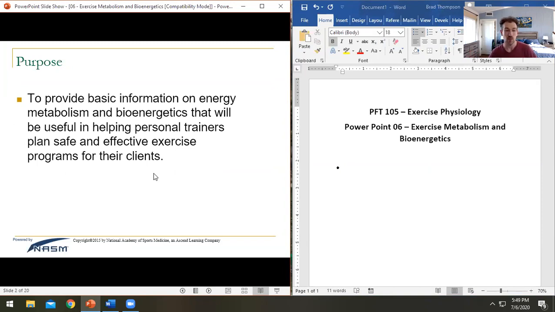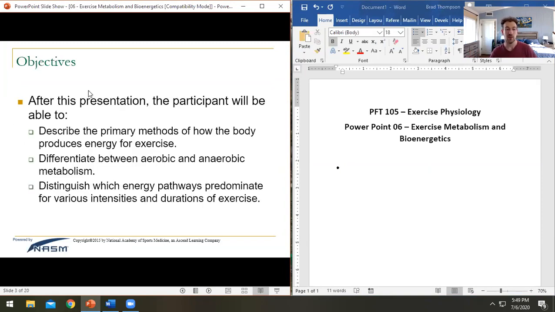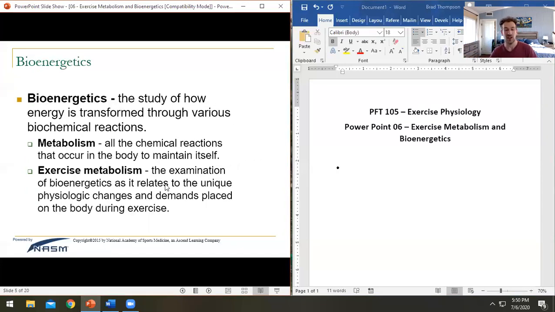So we want to be able to describe the primary methods for how we produce energy, the energy systems themselves, and differentiate between aerobic versus anaerobic, and which metabolic pathways are predominated by which intensity. If you're doing high intensity, what pathway does that force you into? The anaerobic one, because short duration means anaerobic and high intensity means short duration, right? So we need to understand that.